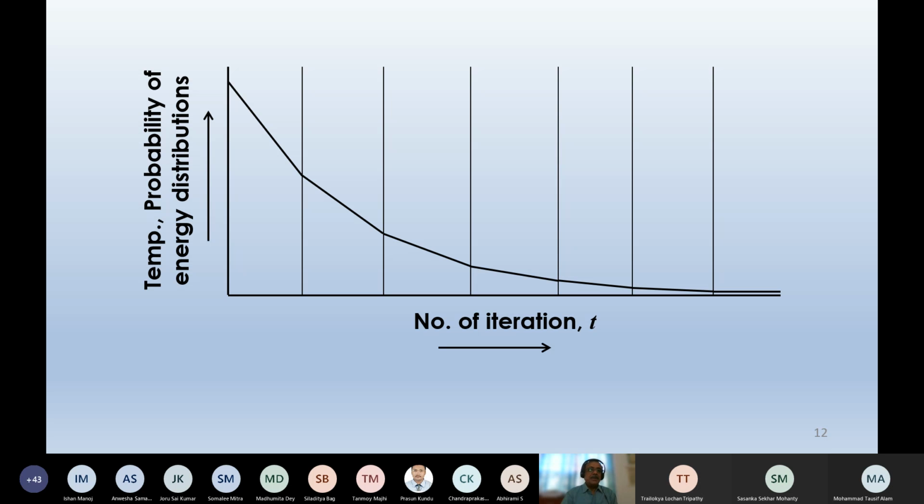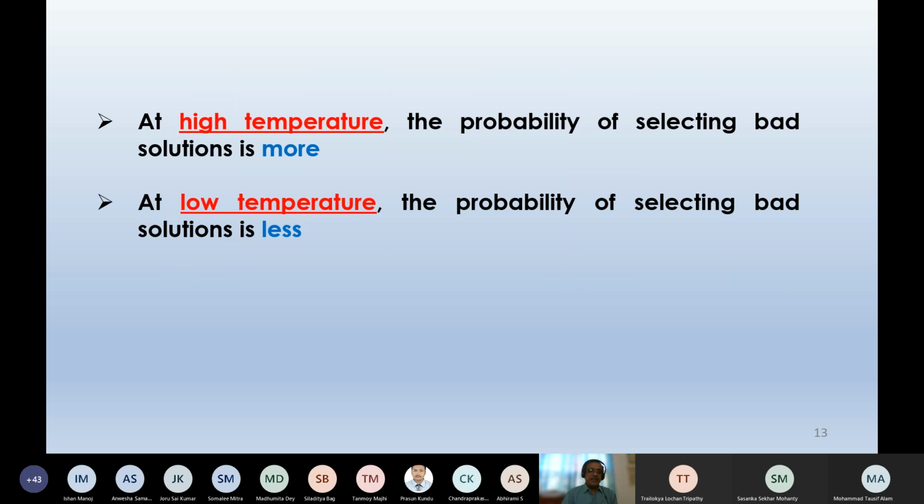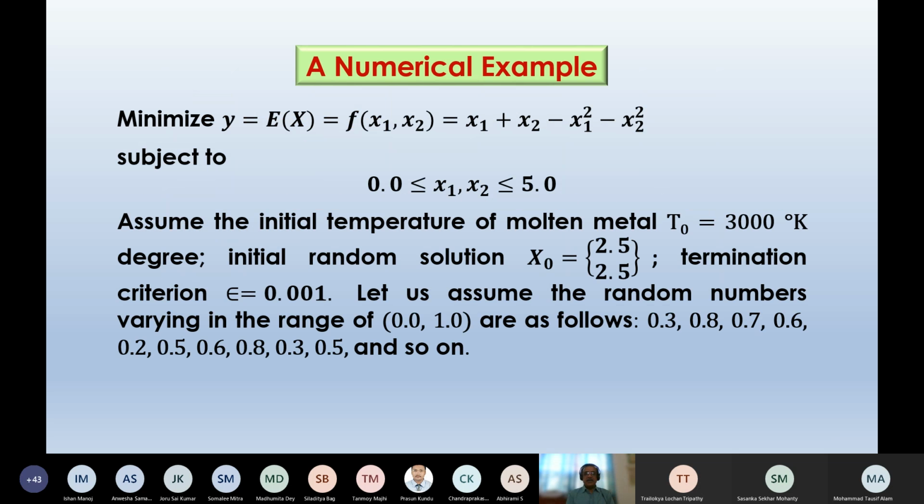So this is the way simulated annealing works, and it has one very big advantage, one big merit I should say, that is its mathematical convergence proof.